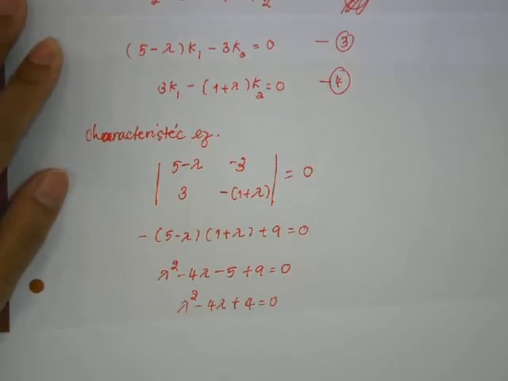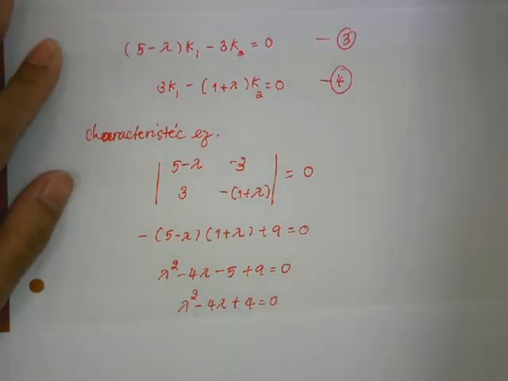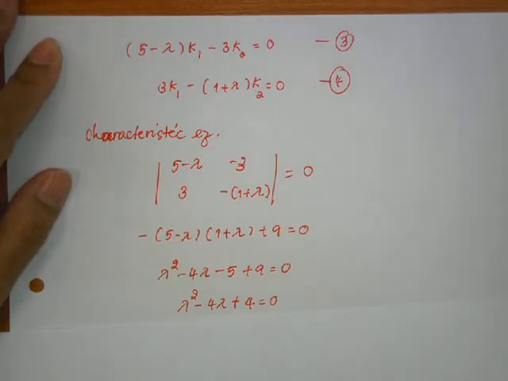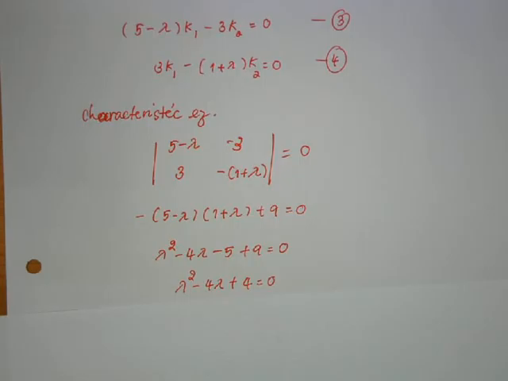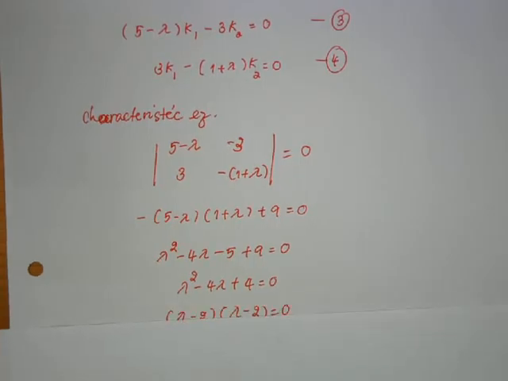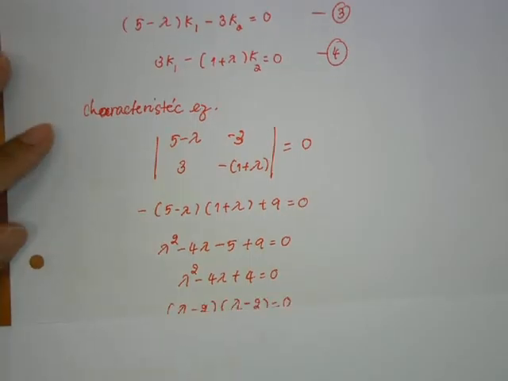So from that we can find two values of lambda. What are the two values of our eigenvalue? 2 and 2, which is the repeated root.